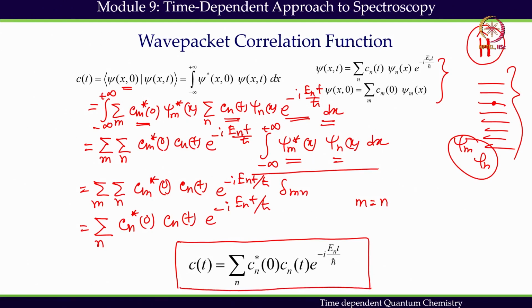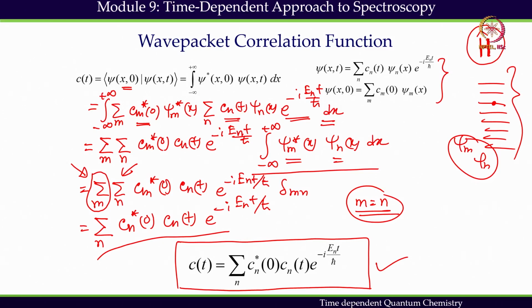All terms of this summation would be 0 except the term for which m equals n. When we write each term explicitly, all terms will be 0 except for the m equals n term, which will exist.